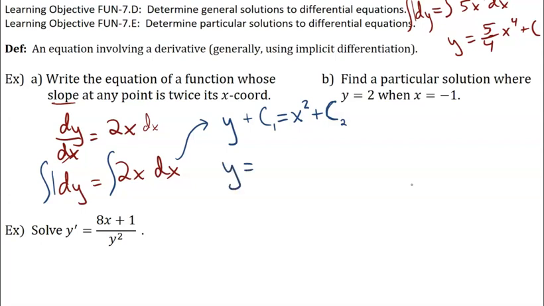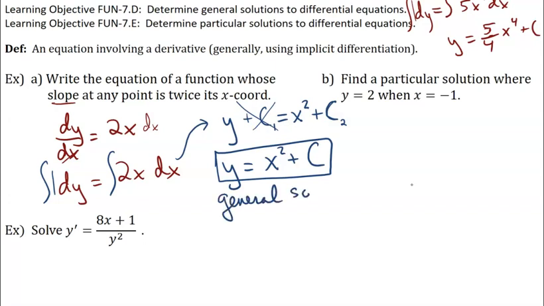So I'm going to have y equals x squared plus, and if I take any constant and subtract any constant, I don't get 0 because they're not the same constant, I still get a constant. So when we do the antiderivative step of separation of variables, we pretty much never write the plus c on this side. Not because we don't need it, but because the very next thing is always c2 minus c1, which is just a c anyway. Okay, now this is called a general solution.